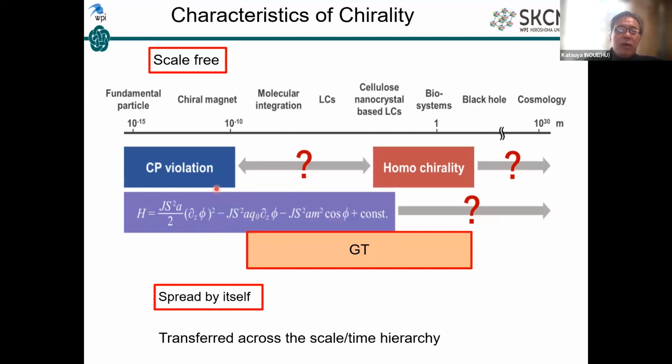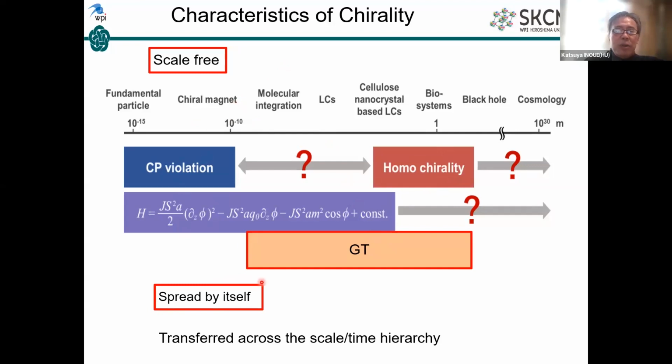And we can go to a smaller world and a bigger world for the chiral system. For this chirality, we can consider the scale-free feature. Then it is possible to consider a common system from the small world to the huge world.